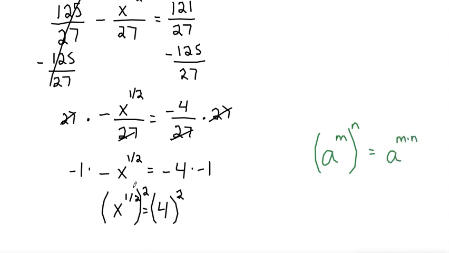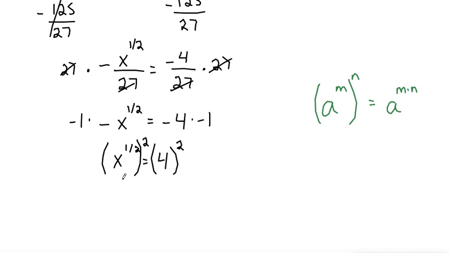So if we multiply the 1/2 by the 2, it just gives us a 1. So that's getting rid of our exponent, making it just a 1, which is what we want. And 4 to the power of 2 is 16. So our final answer is x is equal to 16.